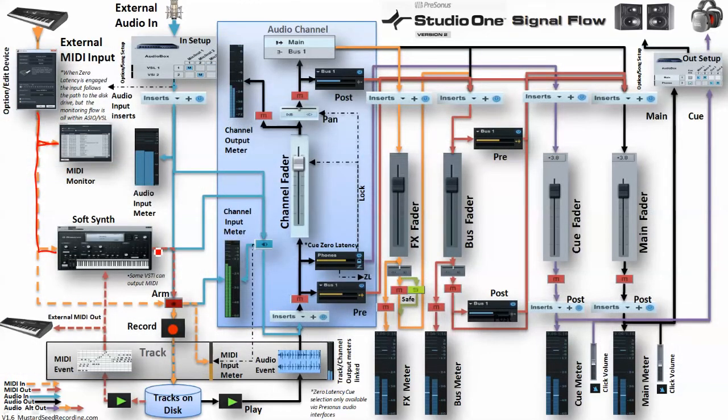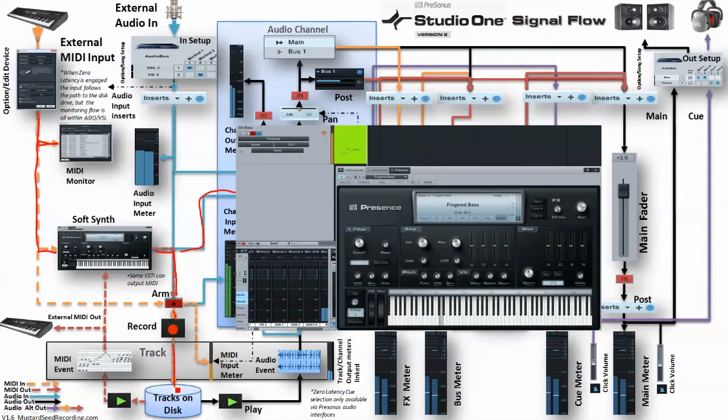Now these dash lines represent MIDI data, not audio data. So as it goes through the software synth, there's really two flows that happen. One is an audio flow, which flows out through the path that we've already defined. And there's a MIDI flow that flows through the arm process, record process, and gets recorded to the disk.